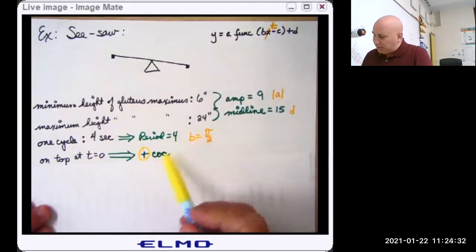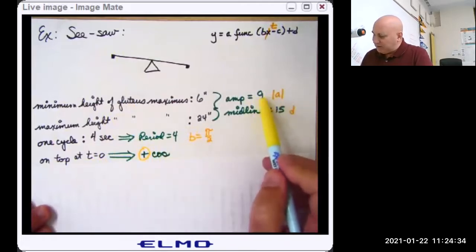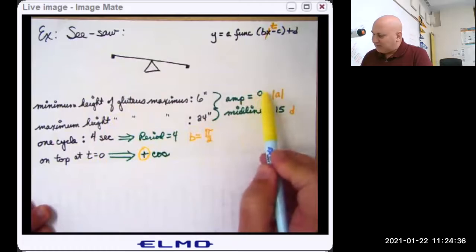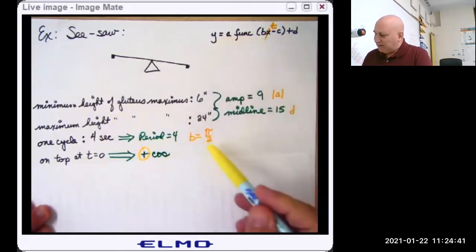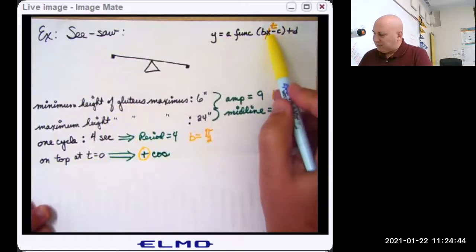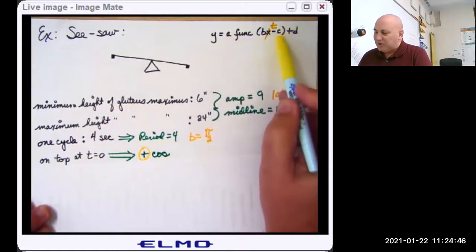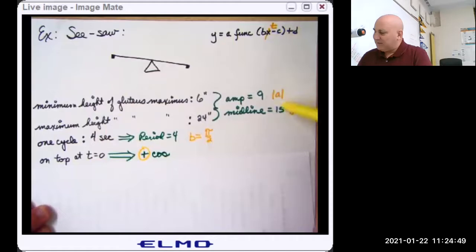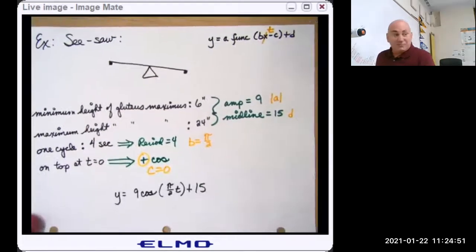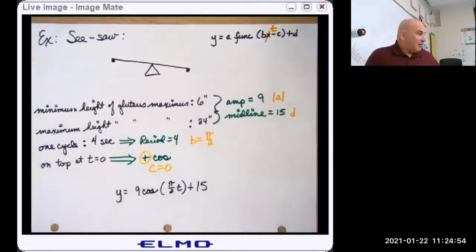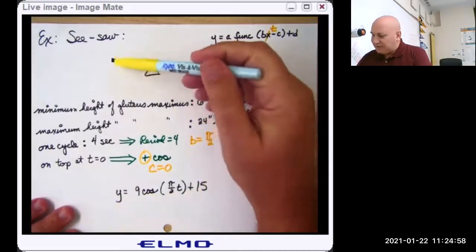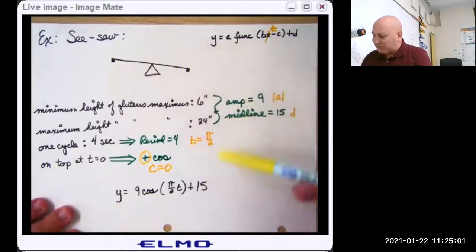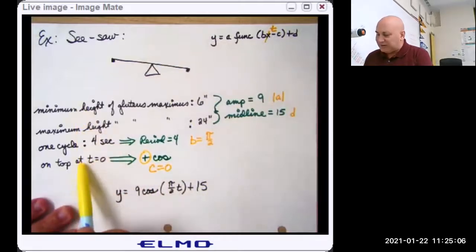So we know that our amplitude is 9, so that A is positive 9 times the cosine of pi over 2t, and then there's minus 0, so we don't have to worry about that, plus 15. So here's a function that models the height of your rear end above the ground on the seesaw at any time t, subject to these constraints that I've written in black.